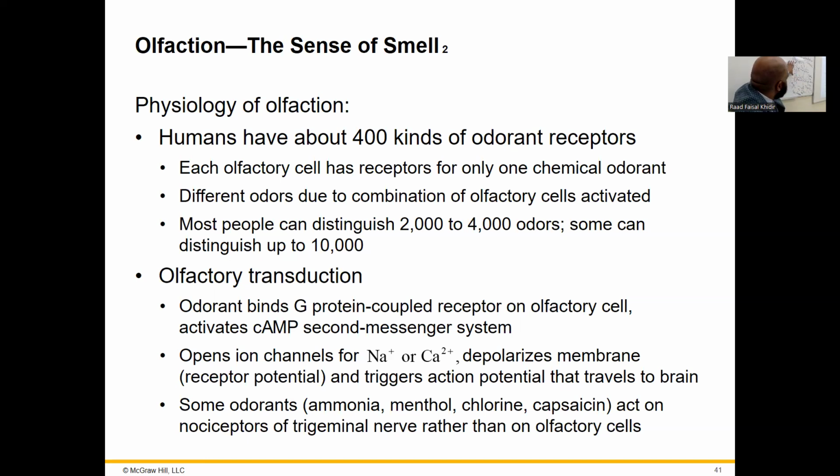Why do we have this system of G coupled protein receptors? Exactly. So whenever you see a G protein coupled receptor, you rest assured that you're dealing with some chemical substance that cannot cross, that cannot enter. So a second messenger, on behalf of the first messenger, is going to lead to the target effect.